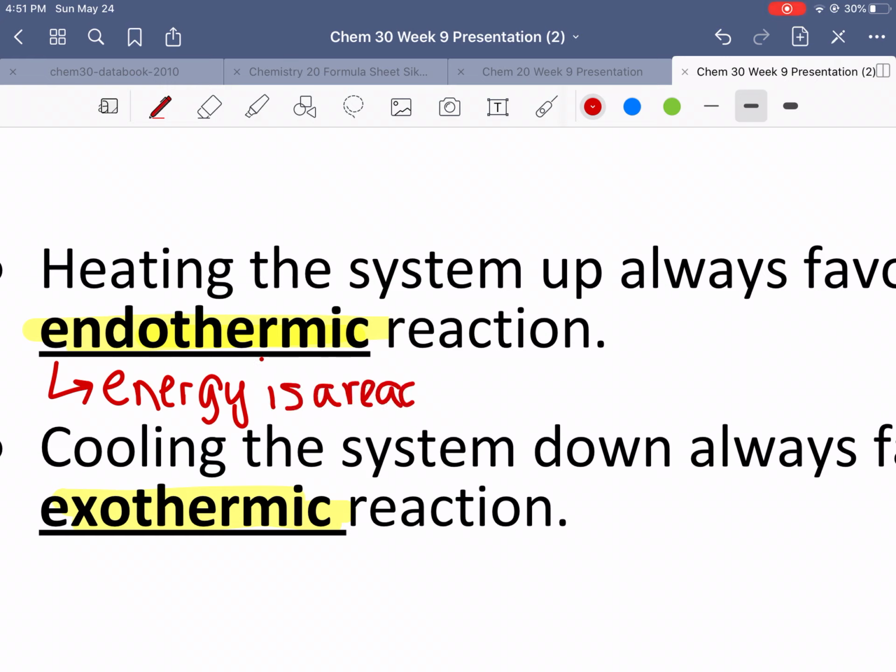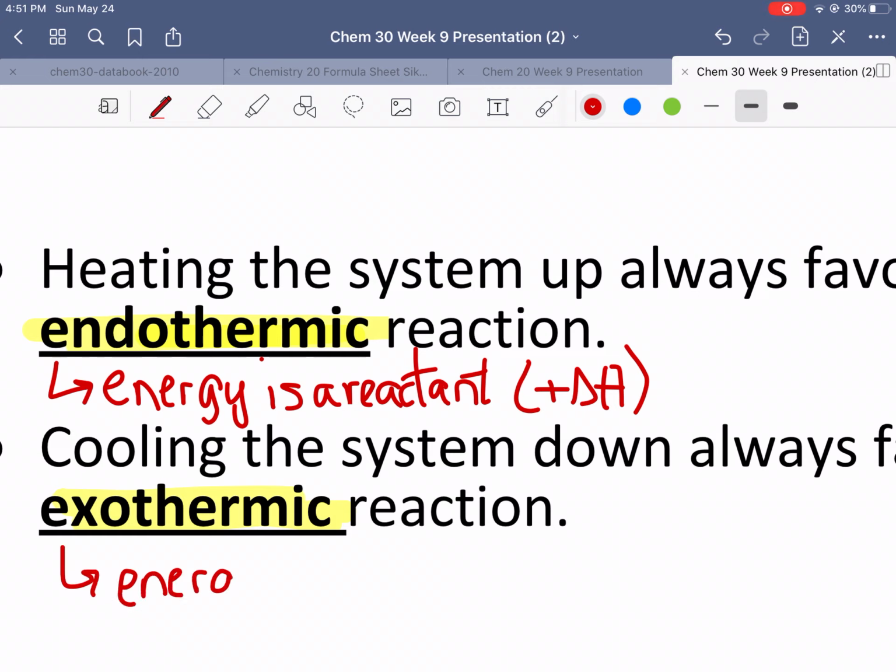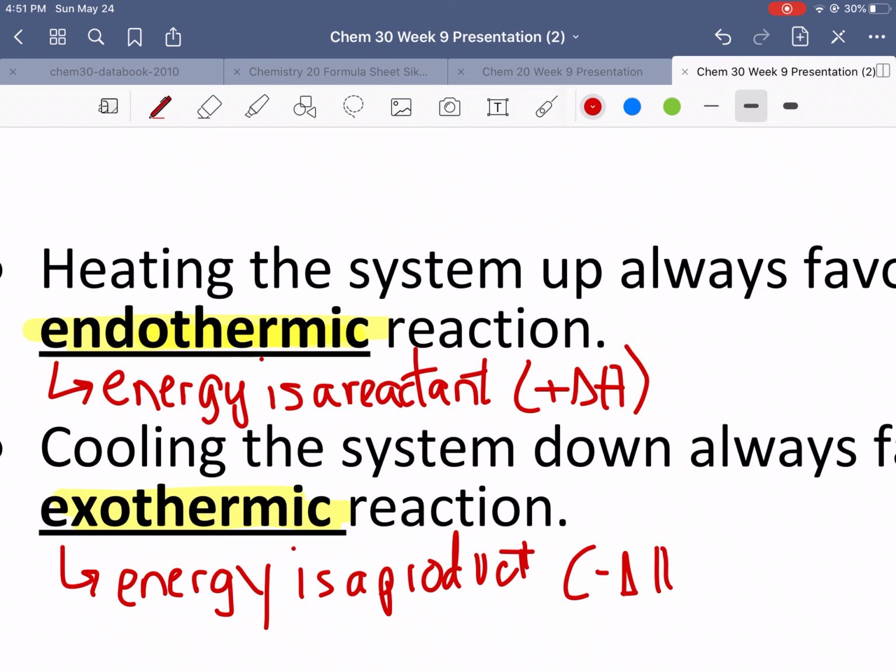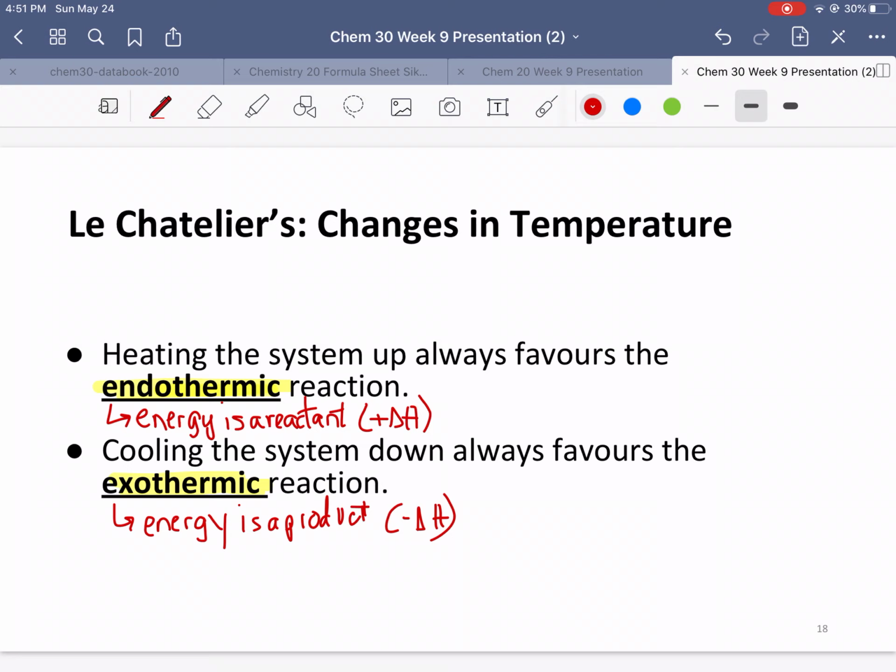And when energy is a reactant, if we write it separately, we write it as a positive change in enthalpy. Vice versa, an exothermic reaction is the scenario where energy is a product. If the energy is a product, thinking back to that first unit, it is written as a negative delta H. Not within the context of the reaction itself, but if delta H is written off to the side.